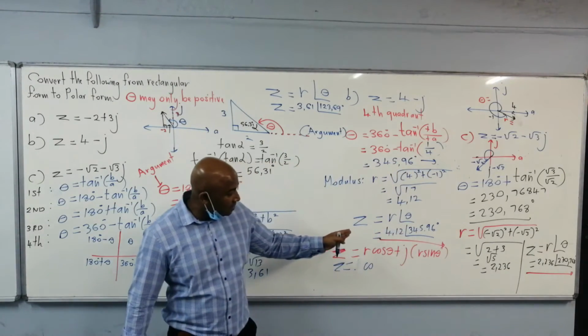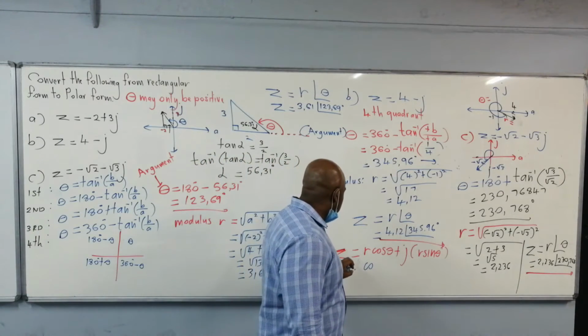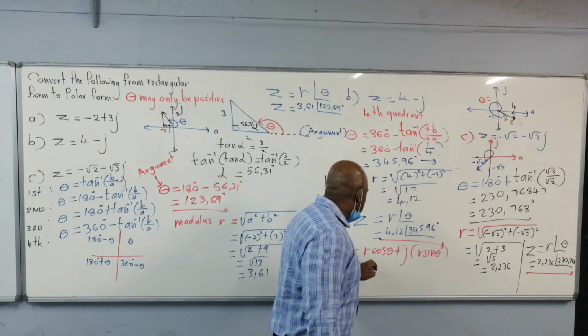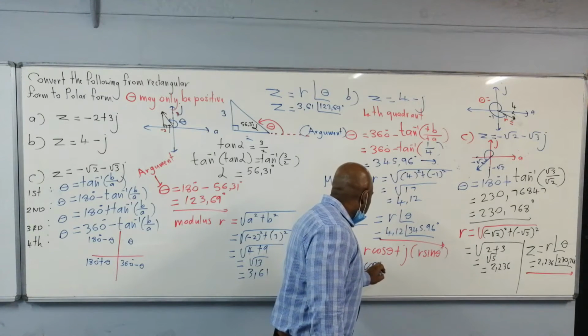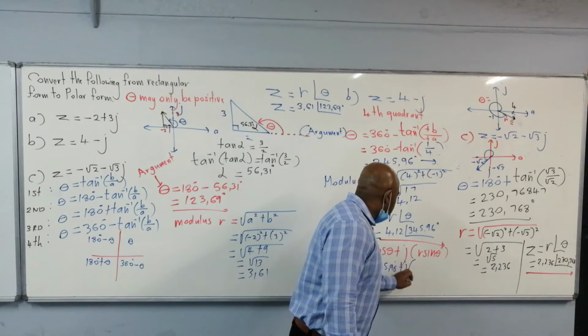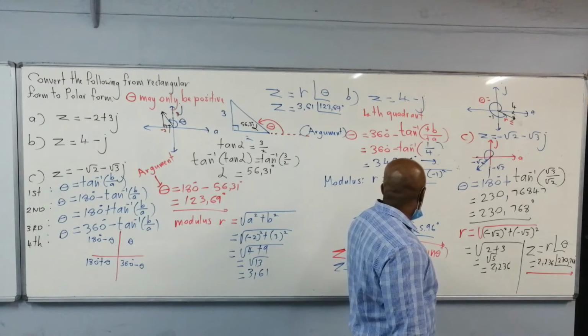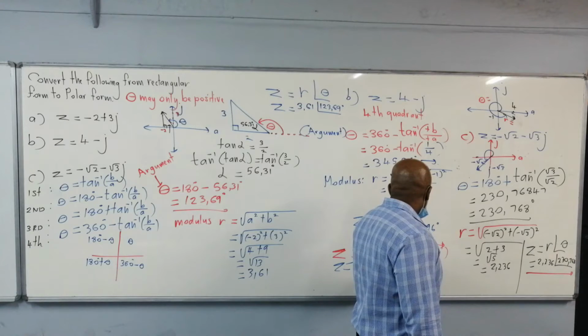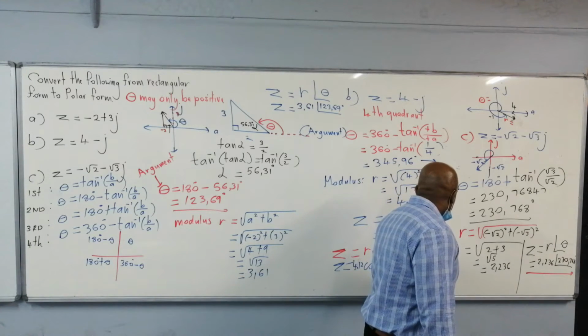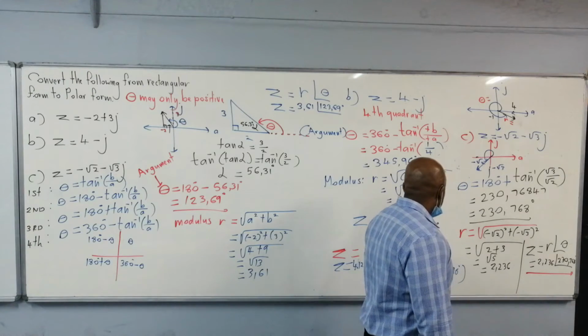For this one, your R is 4,12. Cos of theta, which is 345,96, plus j R sin theta, so that's 4,12 sine of 345,96 degrees.